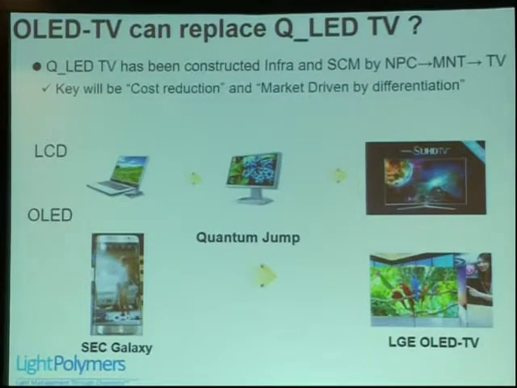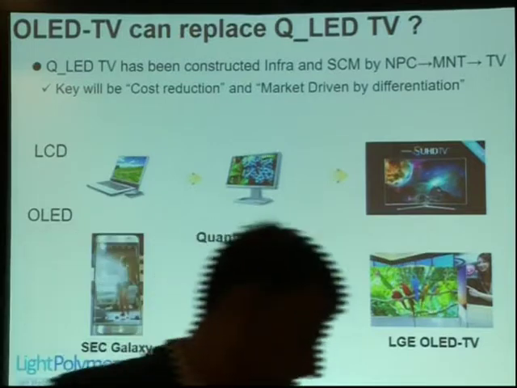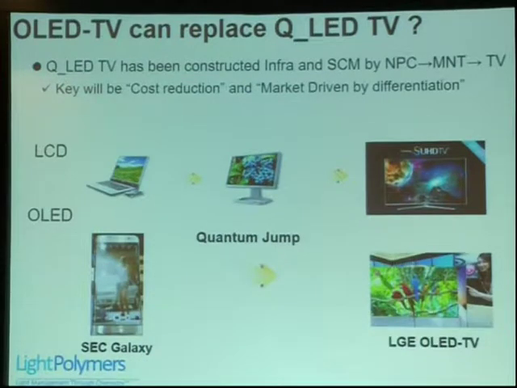So there is some problem in having all the infrastructure, the SCM, supply chain management. Anyhow, the key for OLED to replace the quantum dot QLED will be cost reduction.